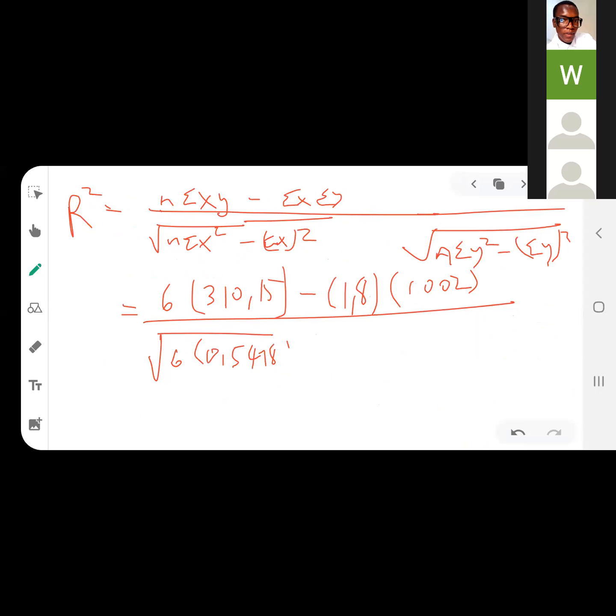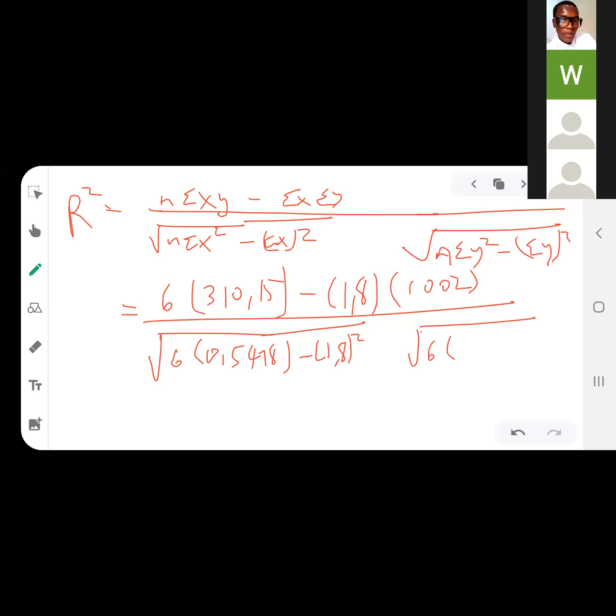We subtract the sum of x, which is 1.8, and then we square it. And then we multiply by 6 times the sum of y squared. Did we even calculate it? No, this one we did not calculate.